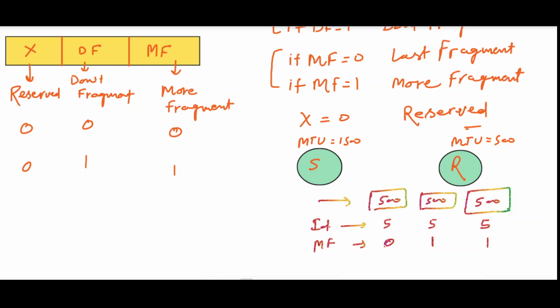So here you are getting 0, that means no more fragments are available. Clear? So this is the whole information about the fragmentation of a packet.